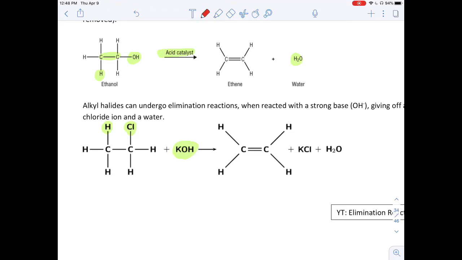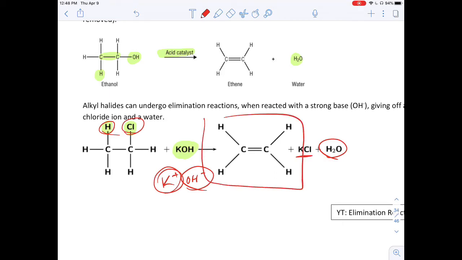And so that strong base, we've got the K plus and the OH minus. The OH minus will bond to the hydrogen to make this water. And the chloride will bond to the potassium to make potassium chloride. And you're left with the double bond between those adjacent carbons.